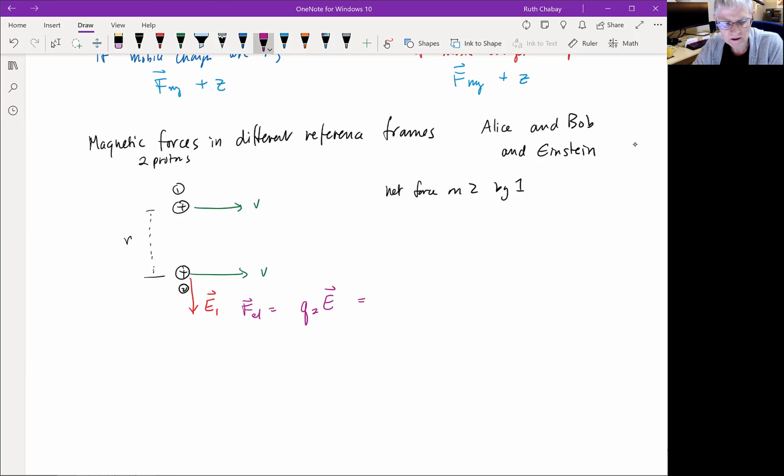So that's going to be e times 1 over 4 pi epsilon 0 e over r squared, and that's going to be in the minus y direction. So we can draw that force here. So here's our electric force.